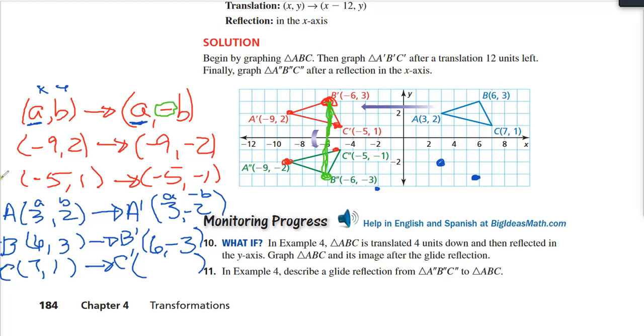It is 7, -1, because we're still going out the same amount, but we're going down instead of up. There is the reflection. Good work, guys.